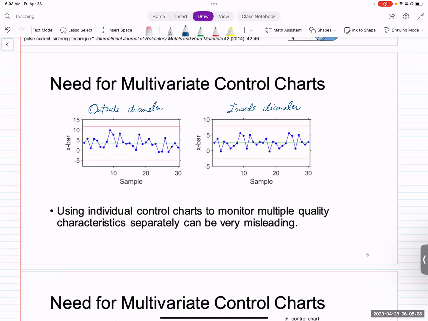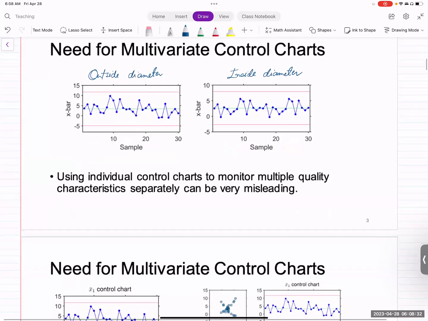In fact, both of them would look pretty much in control. Right? Now, if both of them look in control, what is wrong? What are we missing here? It might not be immediately clear.